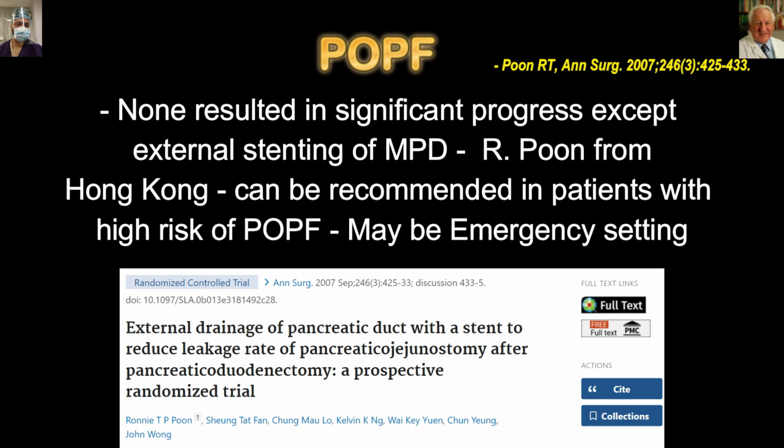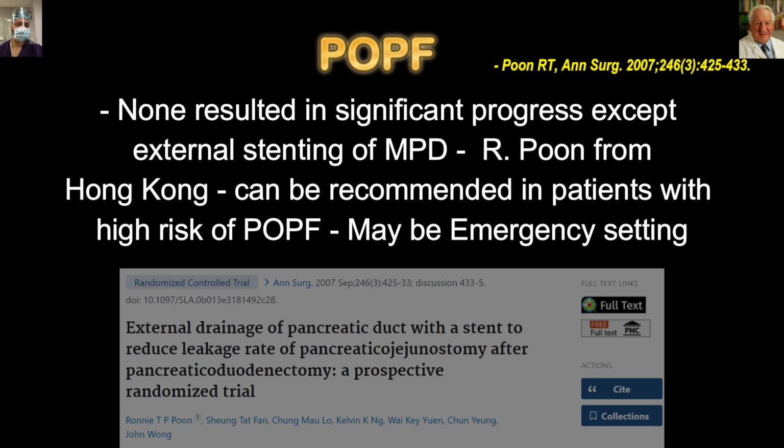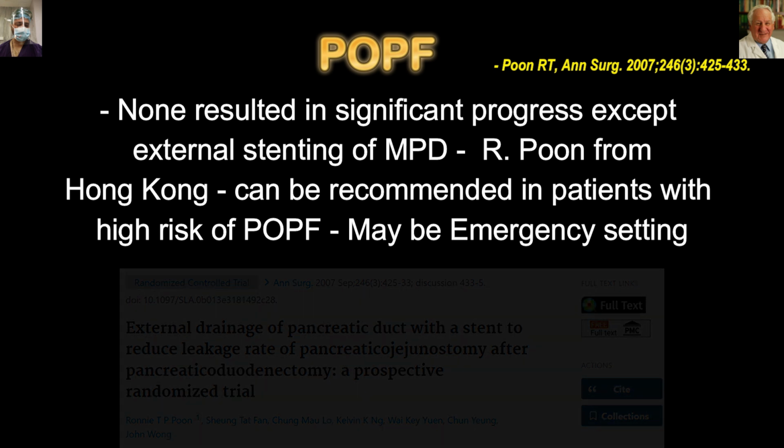I personally have no experience with this technique, but I feel it may be of some use in high risk cases, or in a trauma case where the duct is just 2 mm. Here you can place a stent and drain it externally to reduce the rate of POPF.